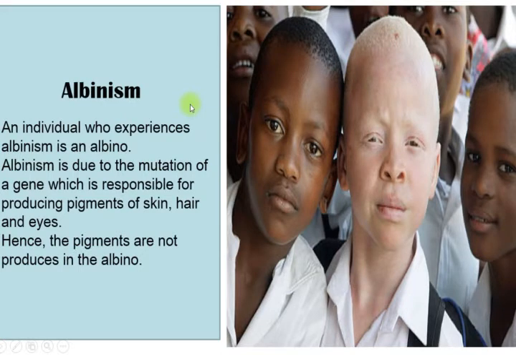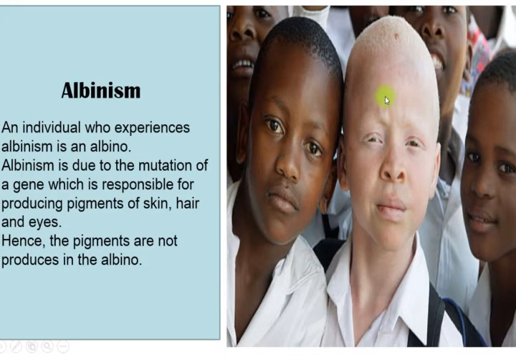We go to the second one, albinism. Albinism is one of the diseases caused by gene mutation. An individual who experiences albinism is an albino. So this person is an albino because he has albinism.